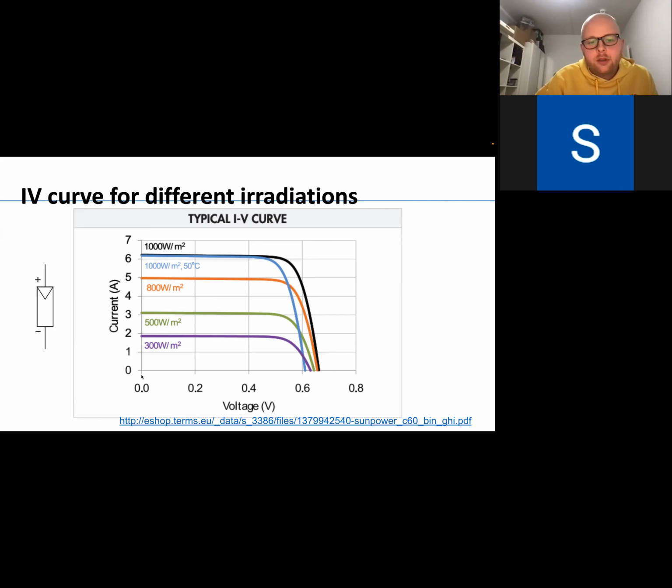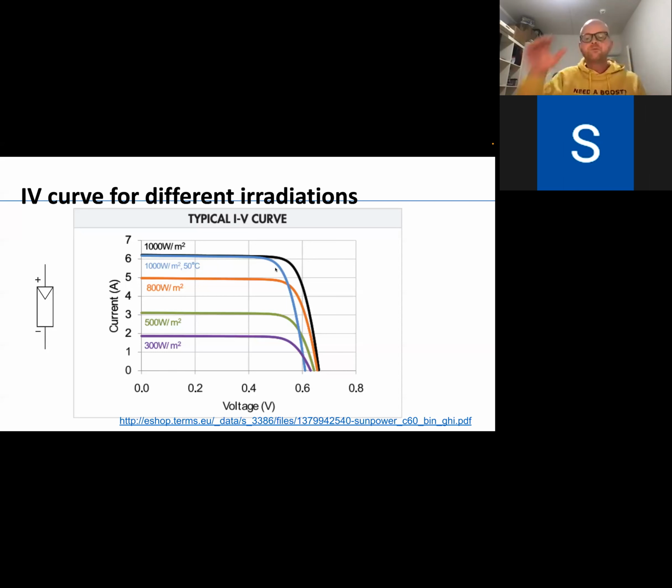Most important is that as you get less irradiance, the maximum current decreases and the voltage stays approximately constant. There's some temperature dependence on the maximum power point voltage, but that's relatively small compared to the current dependence on irradiance.